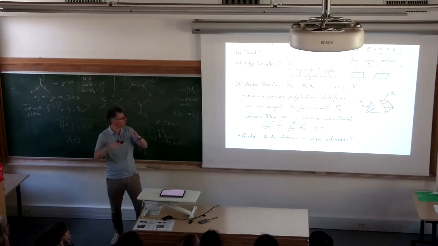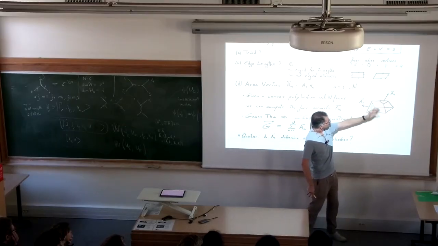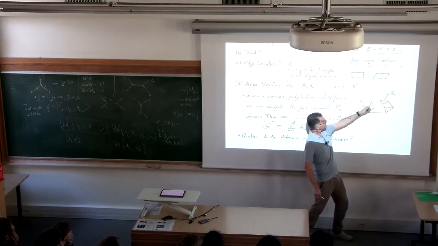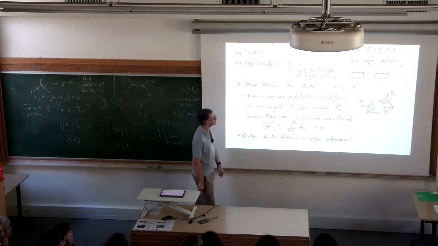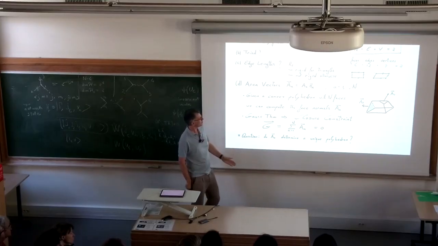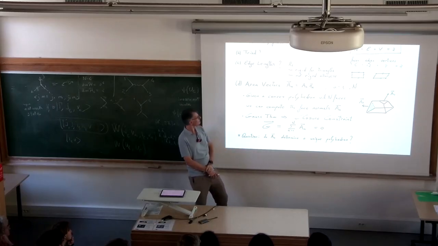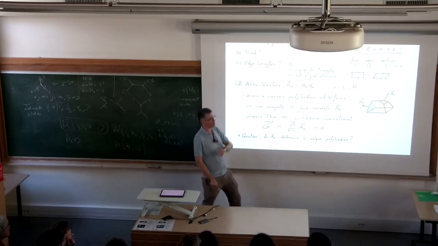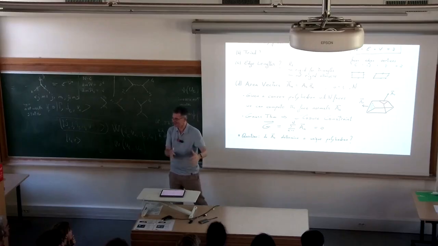If you start with one polyhedron, let's say this one, given its shape, you can compute this normal, you can compute this normal, you can compute each one of them, and you can check that the normals sum to 0. It's a fact, if you want. It's a Gauss theorem, or the fact that it's not moving, as Carlo was describing, means that the sum of the pressures is 0.